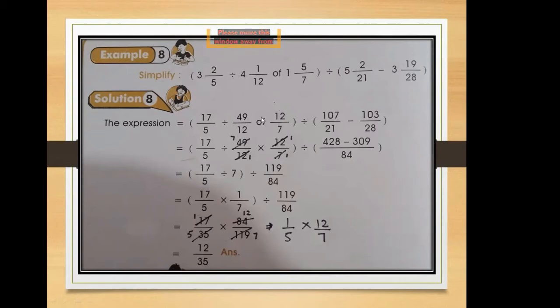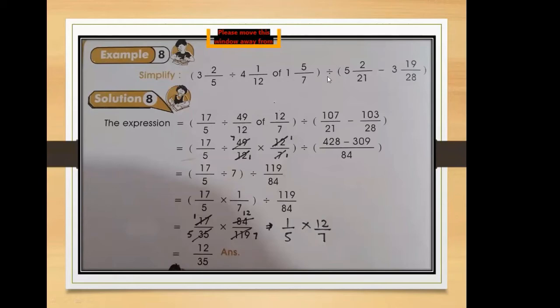So in the next step, we convert this of into multiplication, or if you want to do it in this step, you can do it. Now, 7 multiplied by 1, 7 plus 5, 12 over 7. So all the fractions are converted into common fractions.